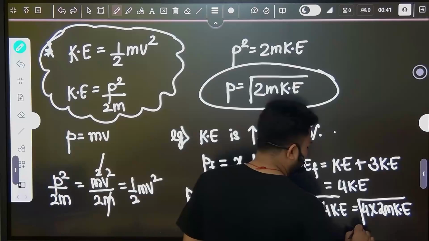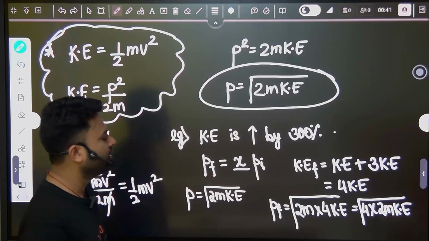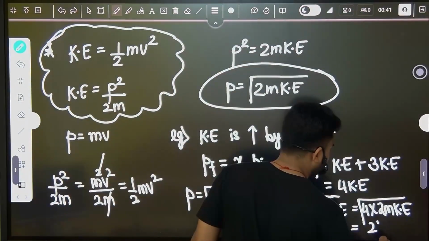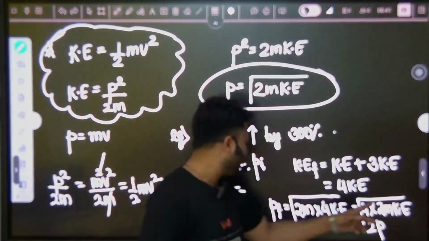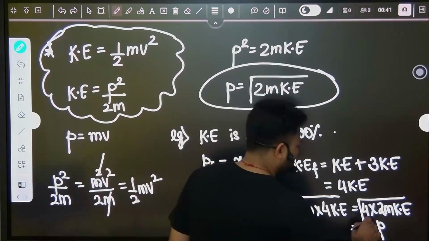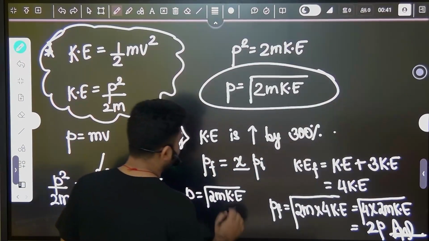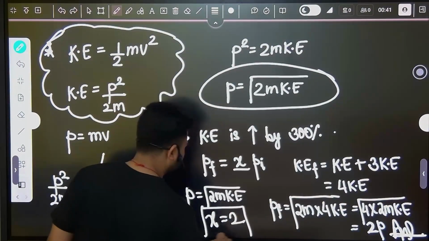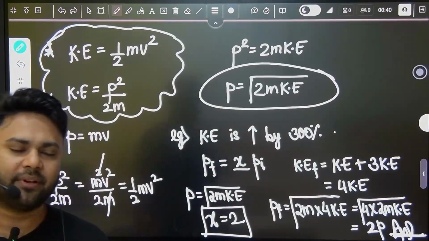Under root 4 is 2, and under root 2m Ke is initial momentum, P. So we can write this equals 2 times initial momentum, 2P. This is our answer. So this x value we are getting is 2. These kinds of small questions can be asked in the exam. Correct?